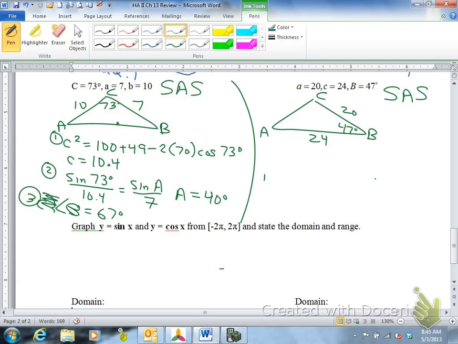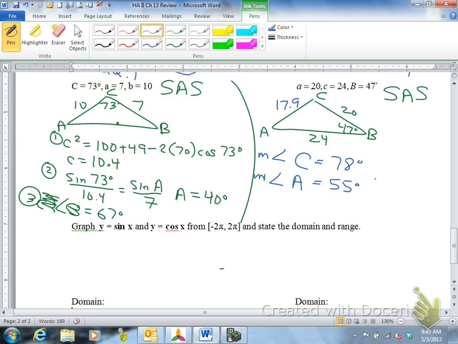So what did you get for side B? 17.9. And what are the angles? A is 55, C is 78. So you could check your answers on that.